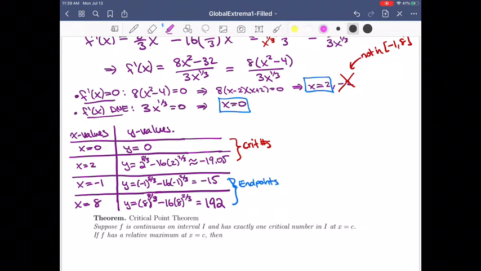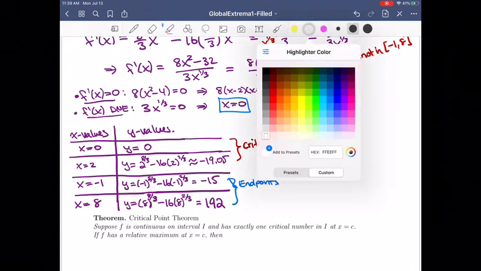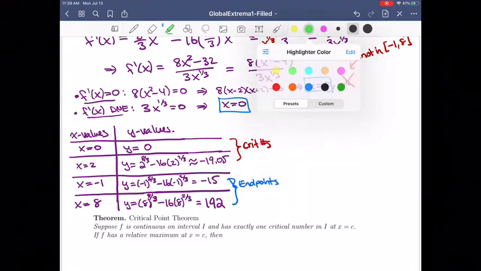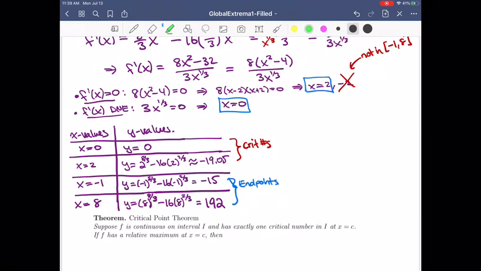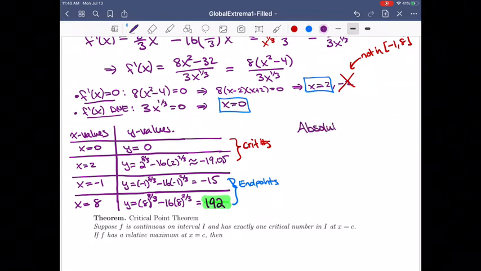Okay, and then we just want to look for the biggest and smallest values. So the biggest value obviously is this 192. So that means that our absolute maximum is y equals 192, which occurs at x equals 8, at an endpoint.